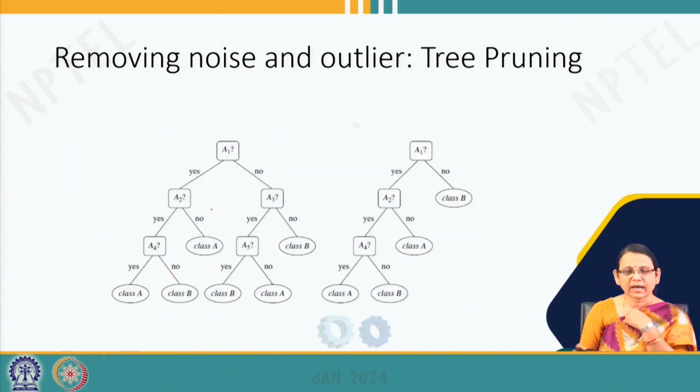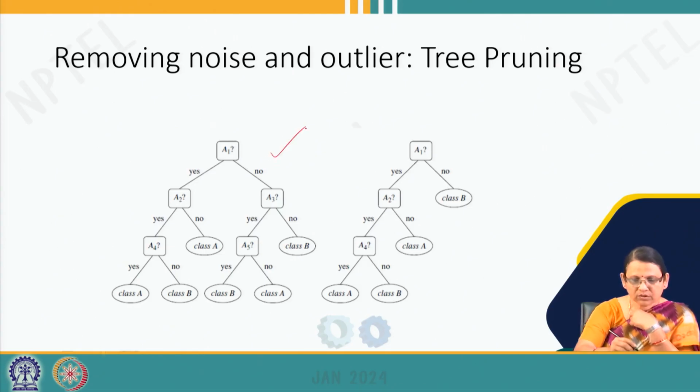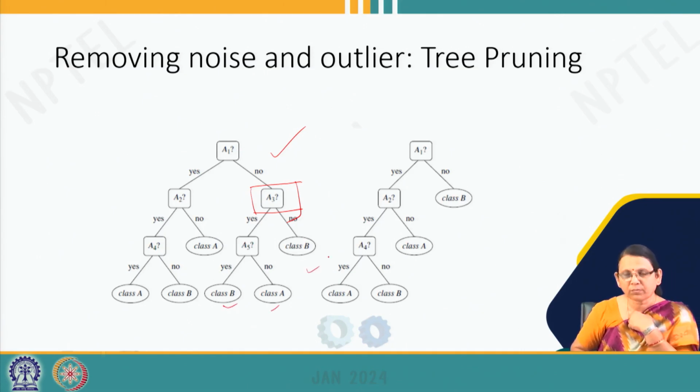So, this is what I was trying to say. Let us say this is a fully grown tree. Now, suppose we decide to cut it here, after this A3. So, if we stop it here, this is our leaf node. Which leaf node will I adopt?